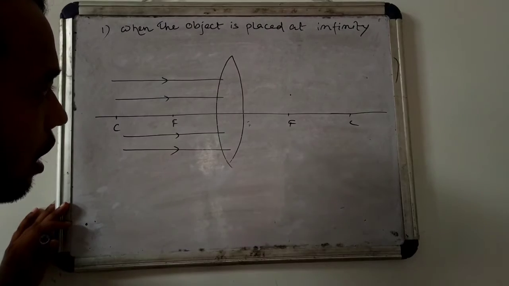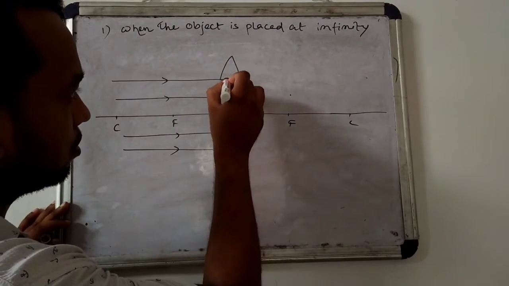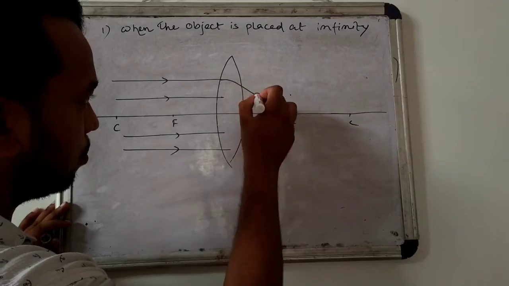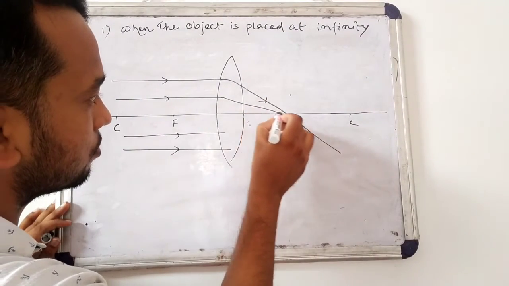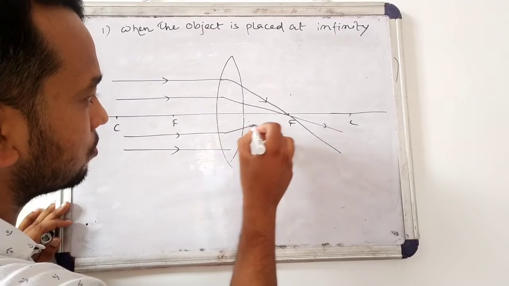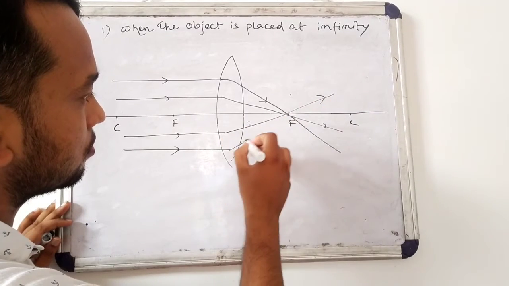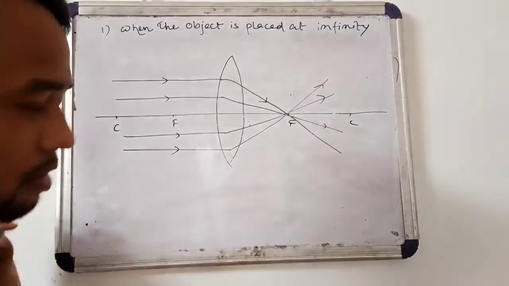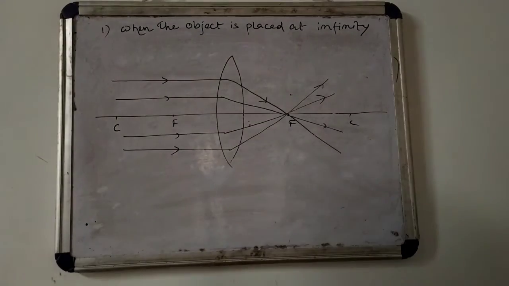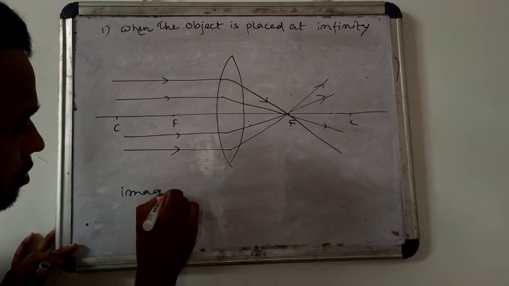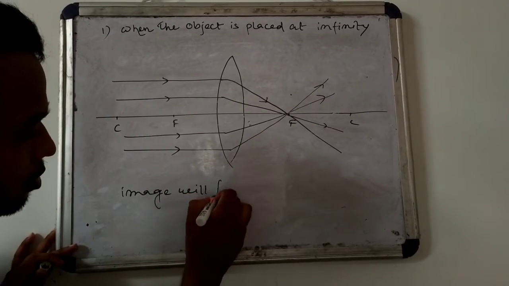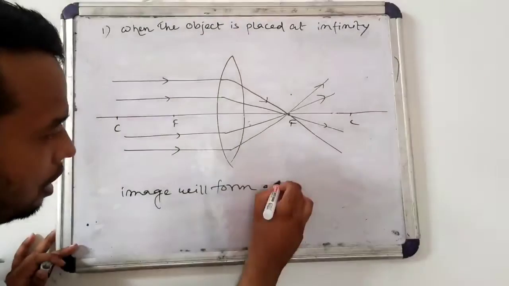And after refraction they will pass through the focus, like this. So the image will form at focus.